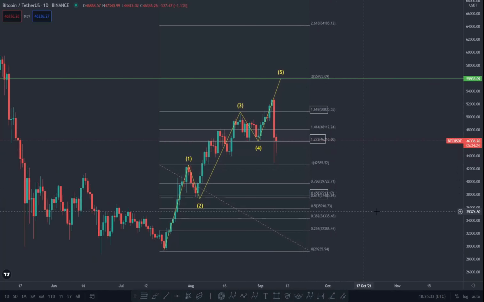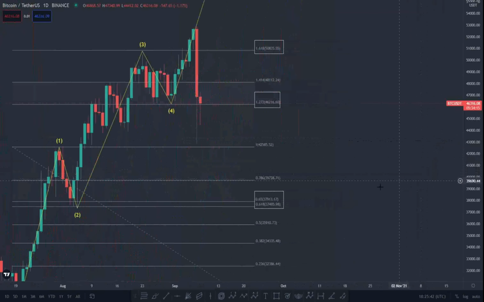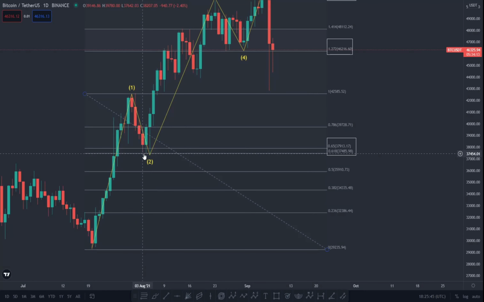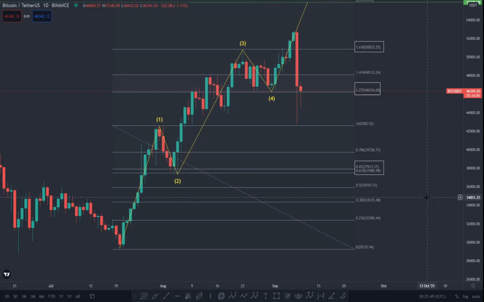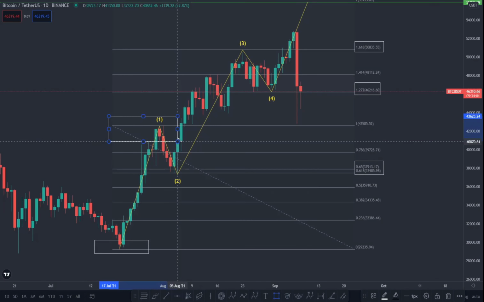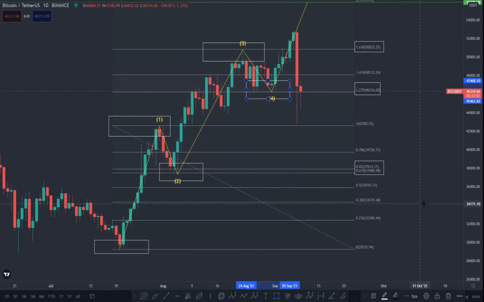So before I delete this fib, do you see how important these levels are? The corrective wave ends within the golden pocket with the 0.61 as bottom. For the brothers and sisters who saw my Ethereum chart, I explained that this is your initial buy-in, this is your take profit, this is your buy back level, and the 0.618 is your take profit, and this would be your buyback level again.